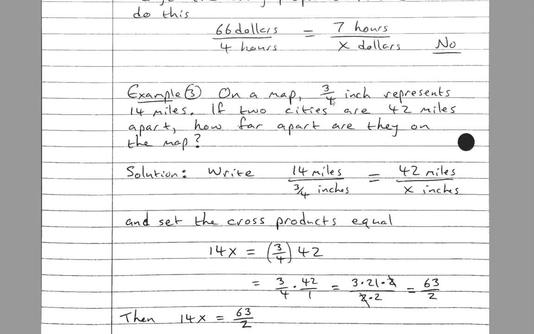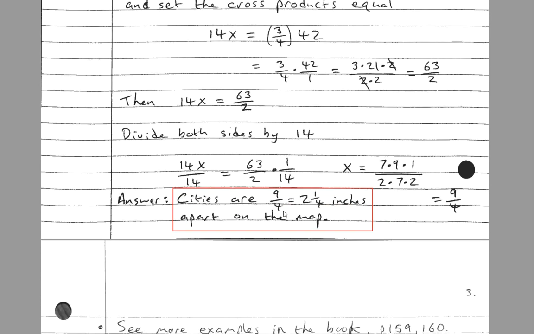Does that make sense? 3/4 of an inch represents 14 miles, so 1 inch would represent about maybe 20 miles, and 2 inches would be about 40 miles. So this makes sense.